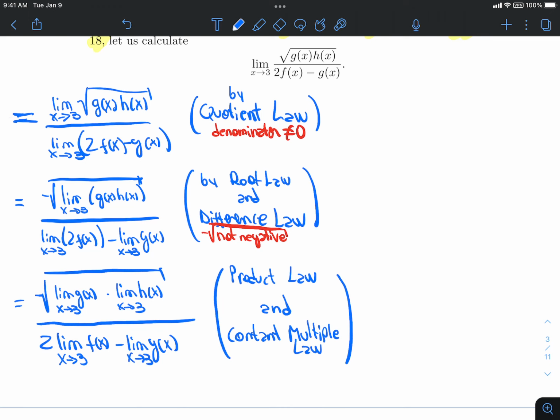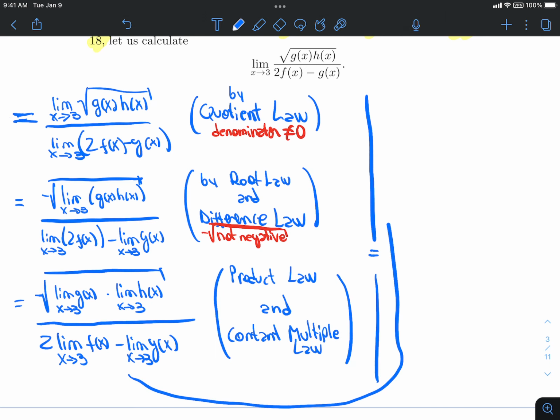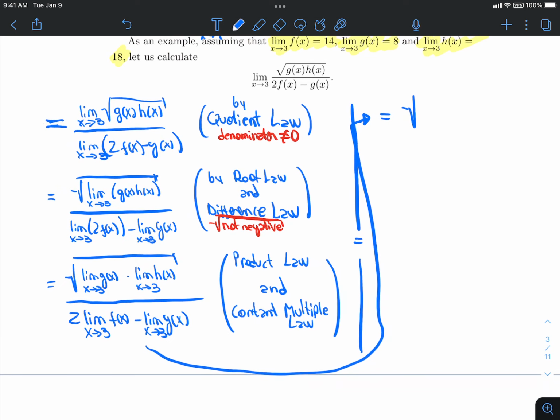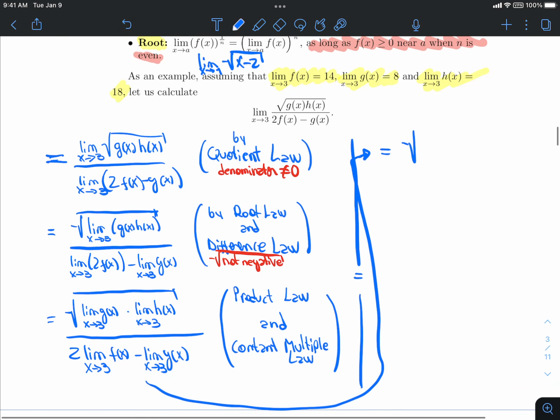And now, that's great, because I know each of those three values: the limit of g of x, h of x, g of x again, and f of x, right? So it's just three different values. And let me split my screen so I can use this extra space. So that equals the square root of, so the limit of g is 8.